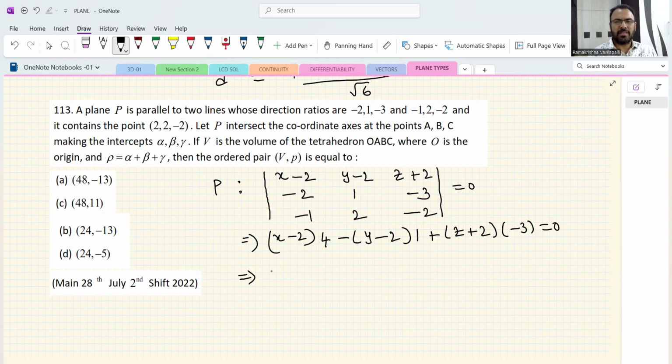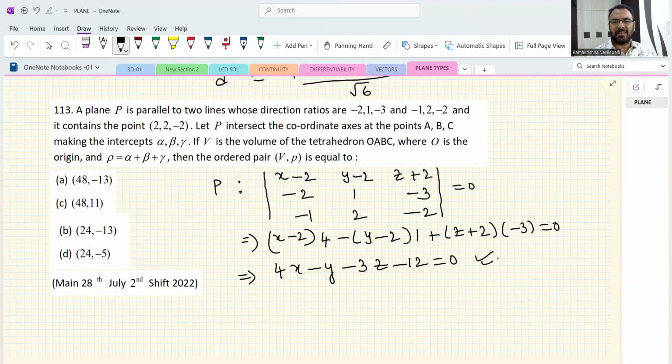So therefore, this implies you will get 4x minus y minus 3z, and calculate what is the constant here: minus 8 plus 2, nothing but minus 6, and minus 6, that is minus 12.